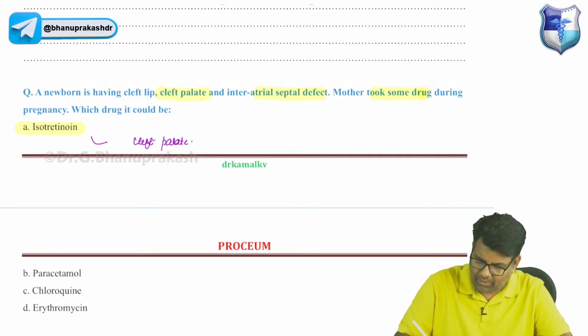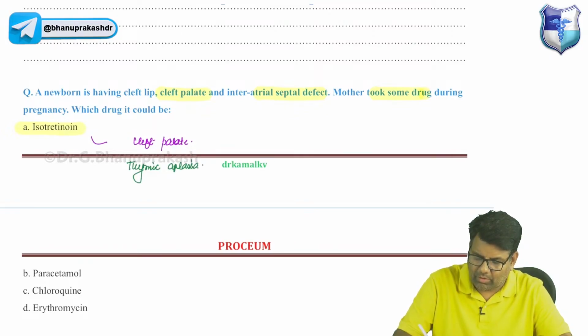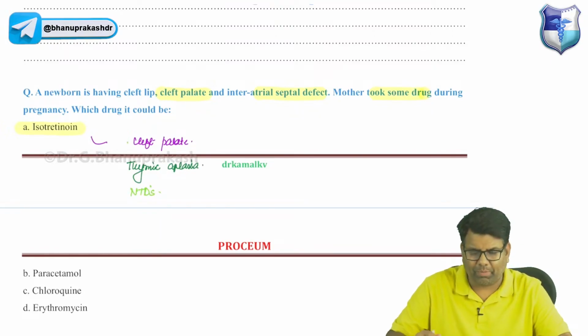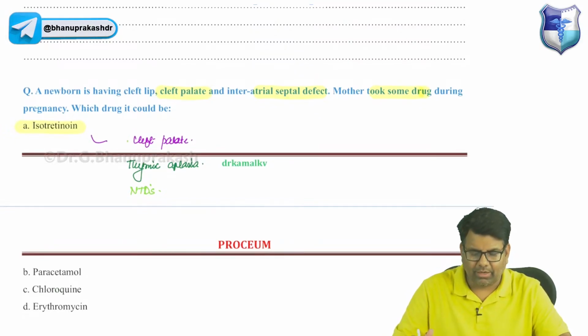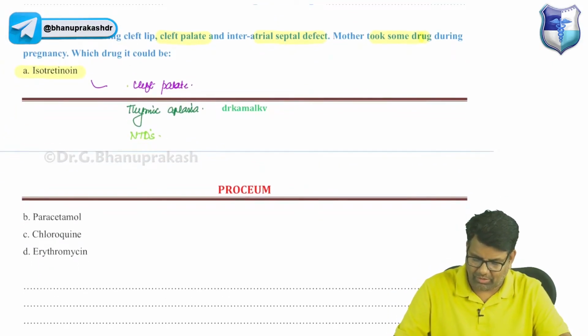Apart from this, there can be thymic aplasia. Also, there can be neural tube defects. Cleft palate is classical as a teratogenic effect of isotretinoin.